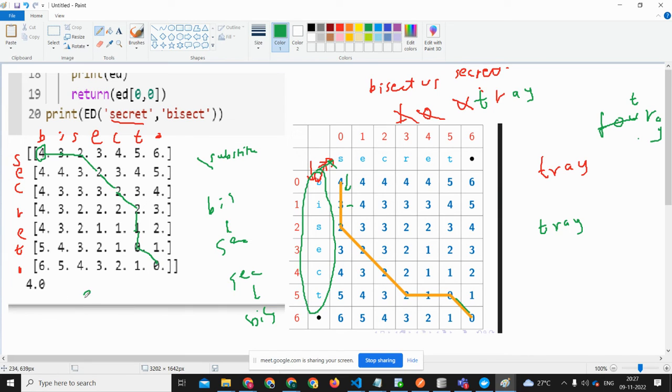From left to right means secret, we are trying to convert it to bisect. Okay, so let's see. So we are going right, which means insert, I think, from top to bottom. Horizontal means it's insert. You remember here we were inserting, na Uma? Once again, we are converting secret to bisect, right? Correct.